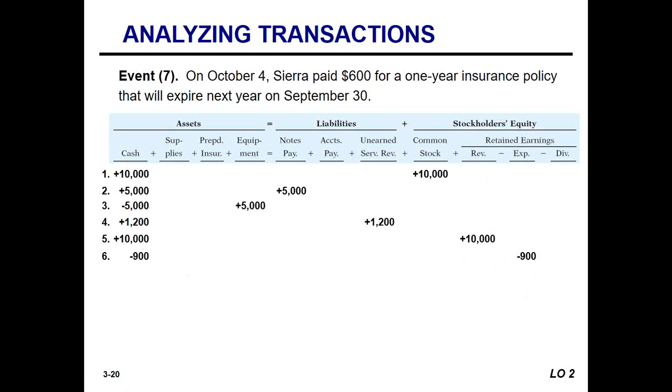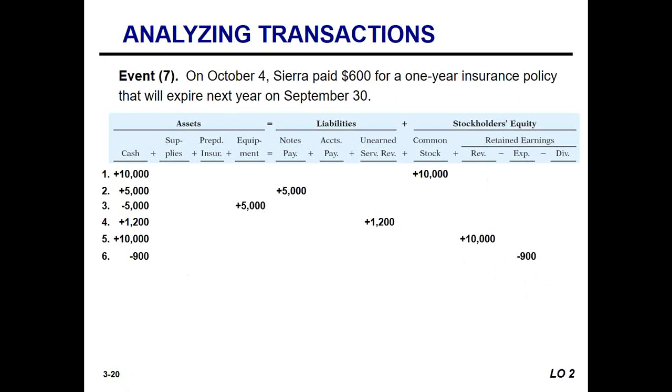And we paid $600 for a one-year insurance policy that will expire next September 30. Now let's stop and think about this. We talked about prepaids last chapter, I believe. If I pay for something for the future, it is not yet an expense.